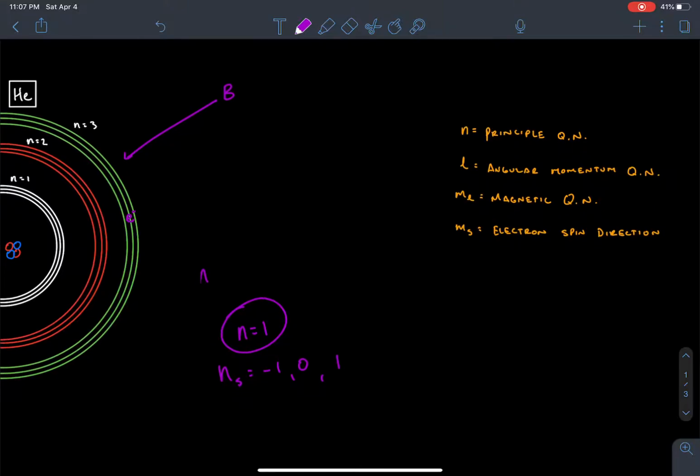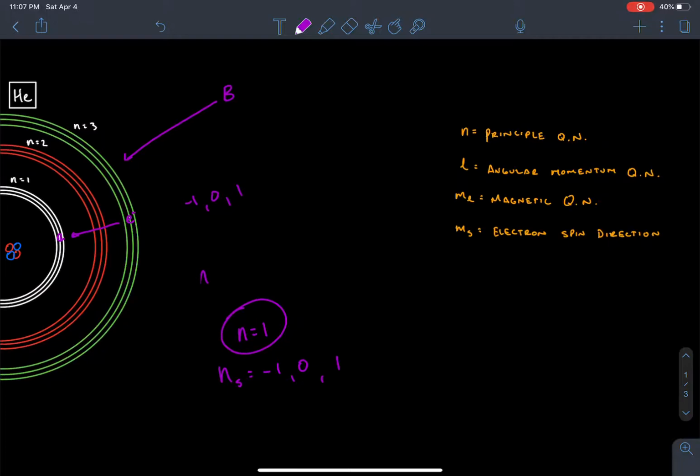Now, whenever an electron falls back down, so this electron falls back down to n equals 1, then it could fall down to -1, 0, or 1. And that means that there's three different amounts of energy that will be emitted when that electron falls back down. Thus, you have three different spectral lines that appear, and that is called spectral line splitting.